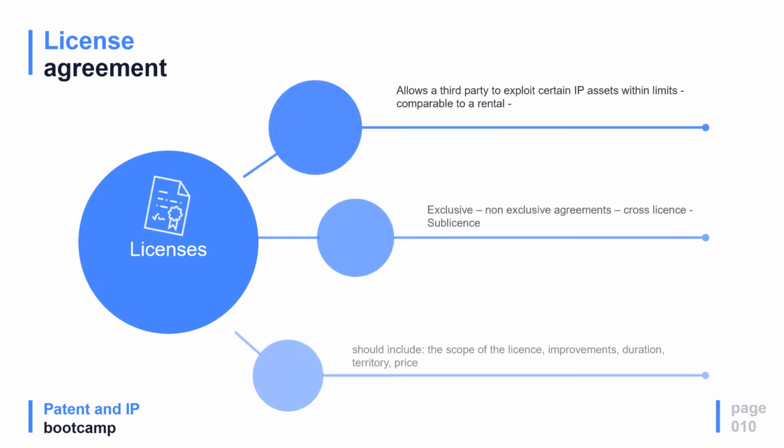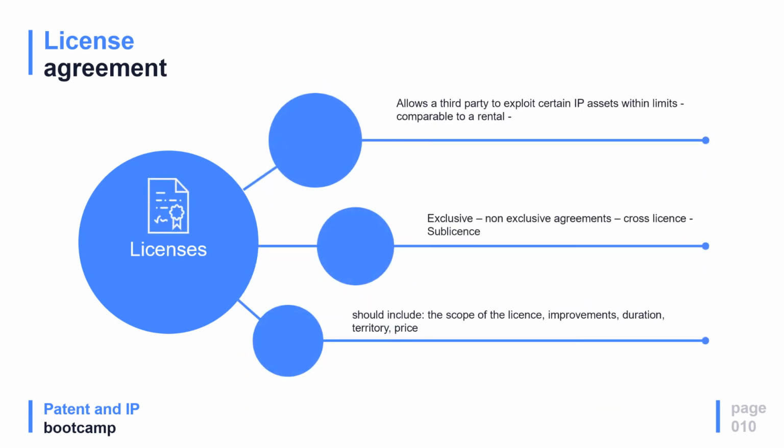What exactly are licenses? That's actually a good way to allow third parties to exploit your IP. And in these contracts, there are some limits set. It's a bit comparable to rental. Those licenses can be exclusive, so that means the other person is the only one who is allowed to use this license. Or non-exclusive, then it means there are more third parties that are allowed to use it.